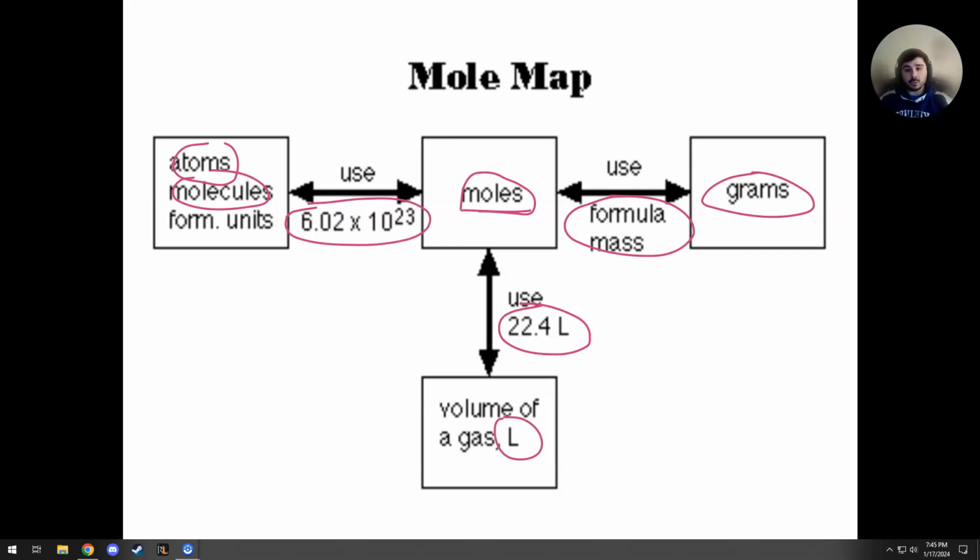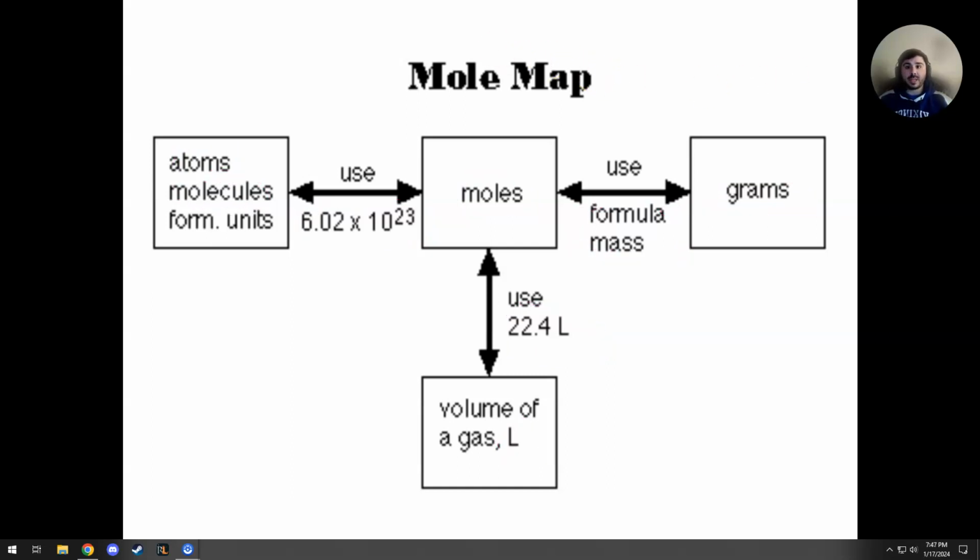Now, this whole mole map is really important because not only does it show us that we use this number for molecules, formula mass for grams, and 22.4 liters for volume, but it shows us that everything has to go through moles.